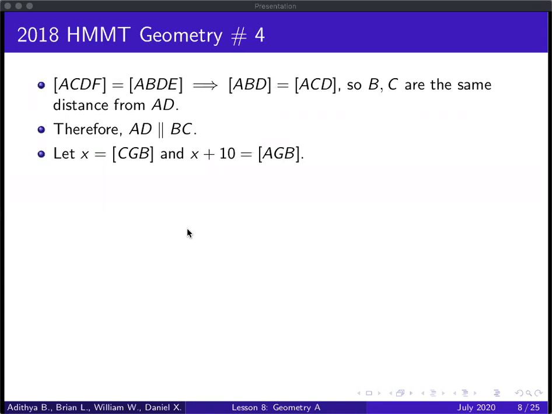In particular, we're going to look at DGA. What can we say about the area of DGA in relation to the areas of CGB and AGB?